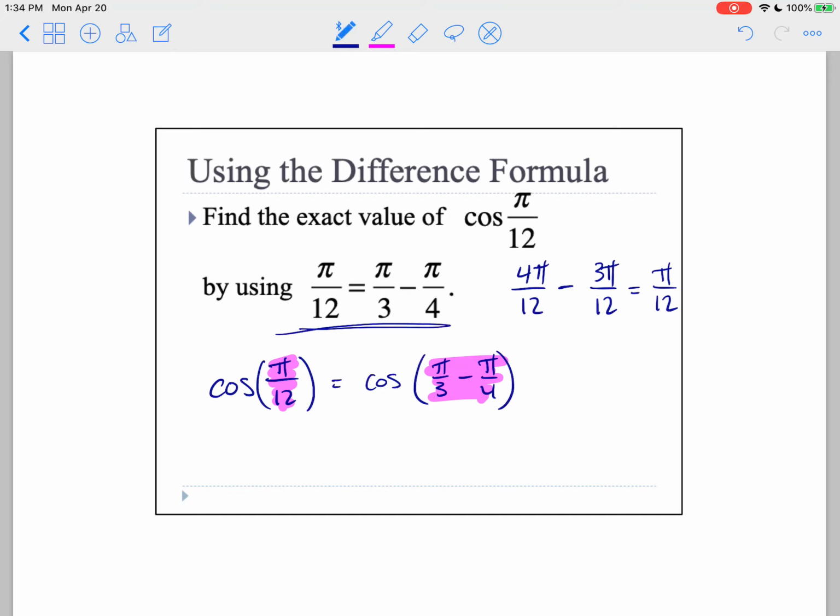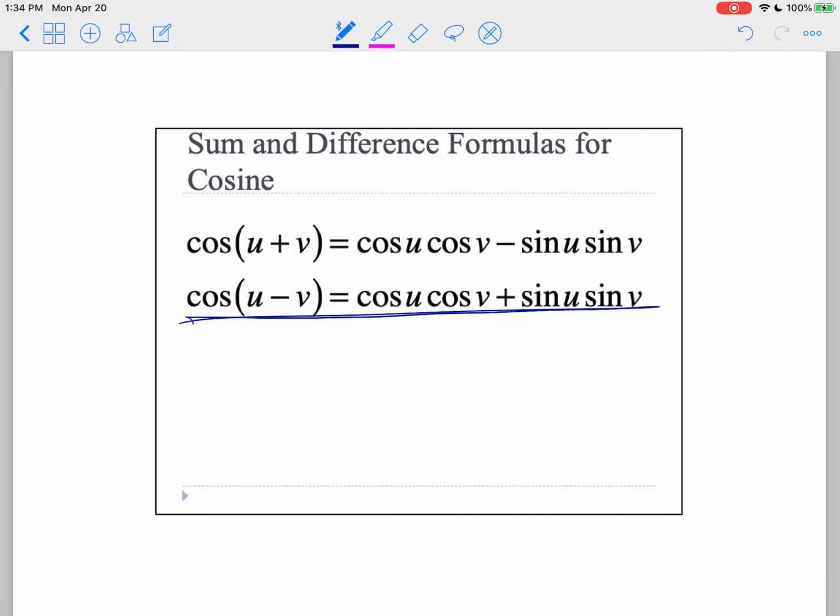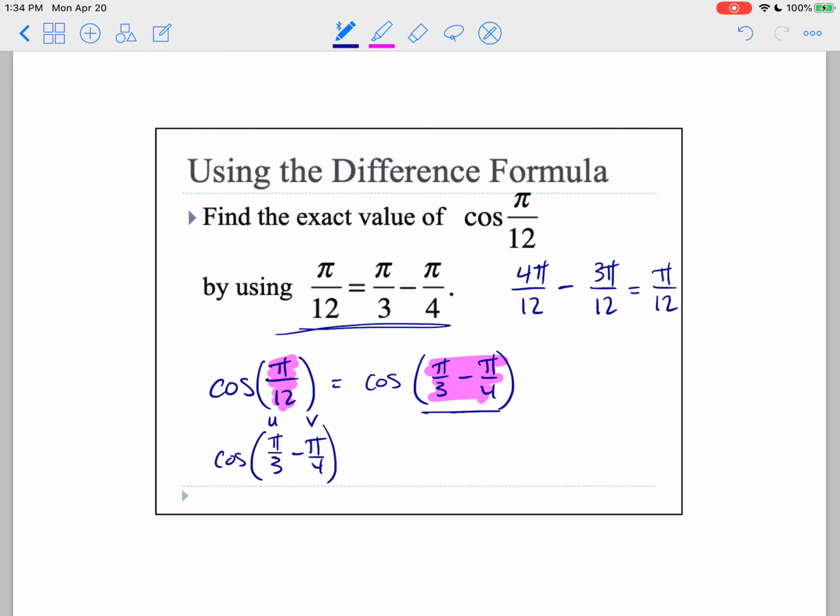And now that we have a difference inside a cosine, we can use the difference formula for cosine. So cosine of pi over 3 minus pi over 4. In this example, pi over 3 is my u, and pi over 4 is my v. And I'm just going to put pi over 3 and pi over 4 everywhere it belongs in this formula.